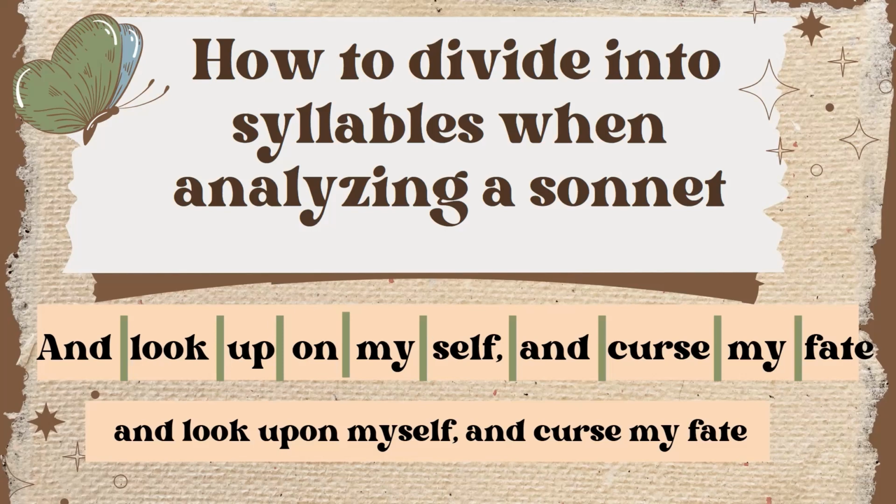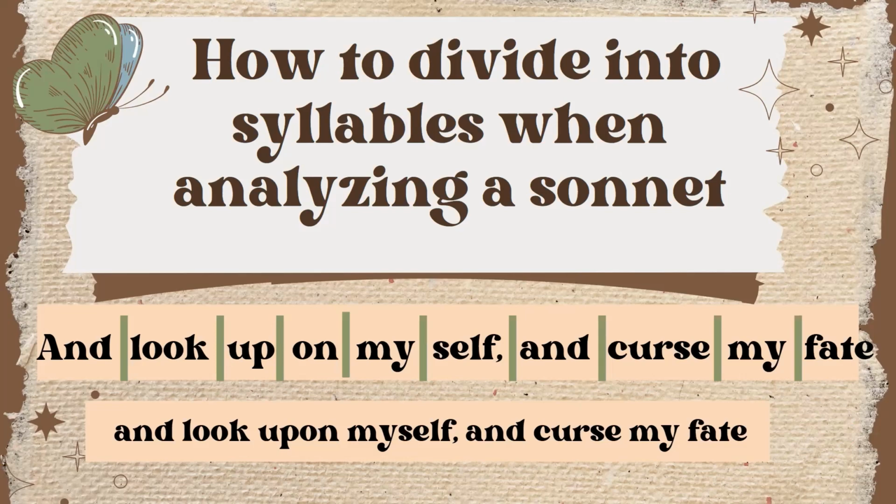Up-on. Then you find "myself." Myself has two vowel sounds, my-self. Then again with "and," that we explained before, it is just one word and just one vowel sound. "Curse," even though it has two vowels written, has just one vowel sound when you pronounce it.